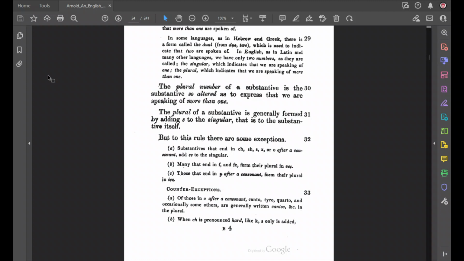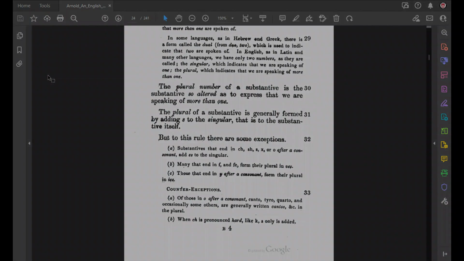Exception A, the first one in our textbook there. Substantives that end in ch, sh, s, x, or o after a consonant, add es, not just s. Add es to the singular.